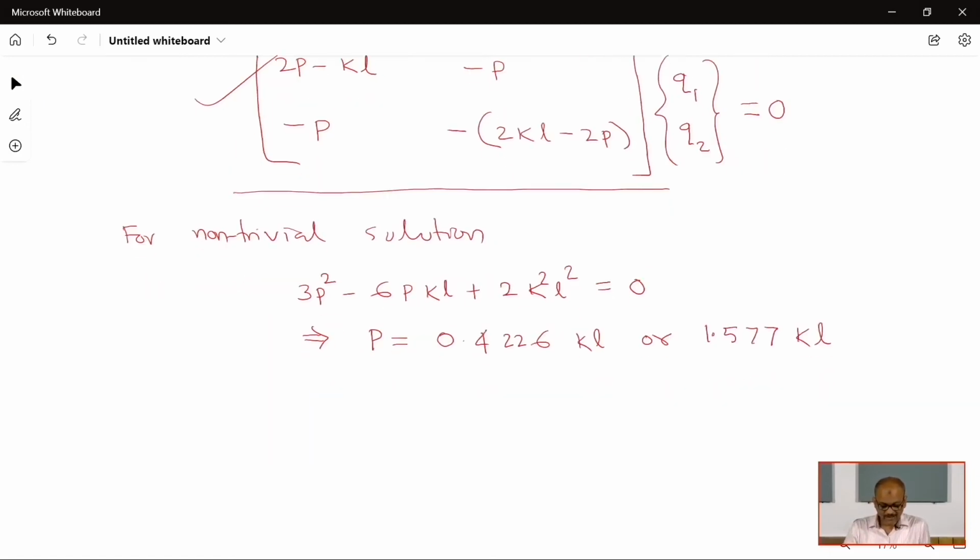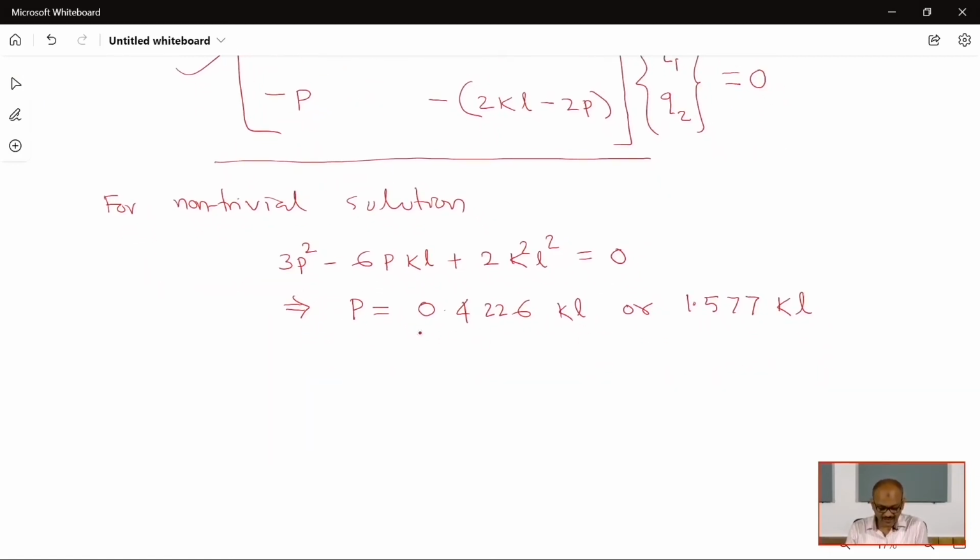Our objective is to find the mode shape corresponding to each of these loads.